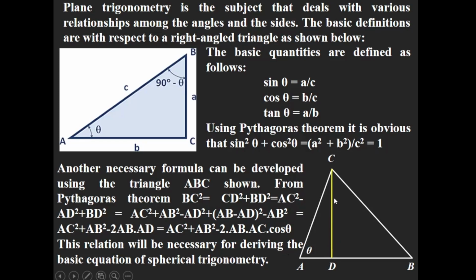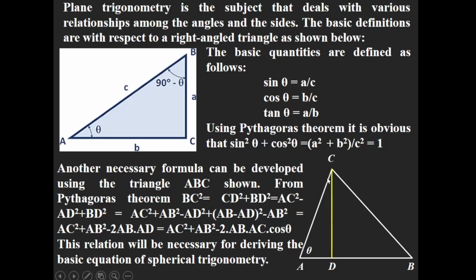So, how much is BC square? Now, this is a right angle triangle, BDC. So, BC square is nothing but CD square plus BD square. And with CD square, again you consider this right angle triangle, where this is the hypotenuse.